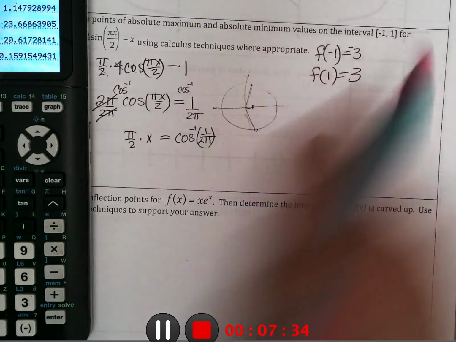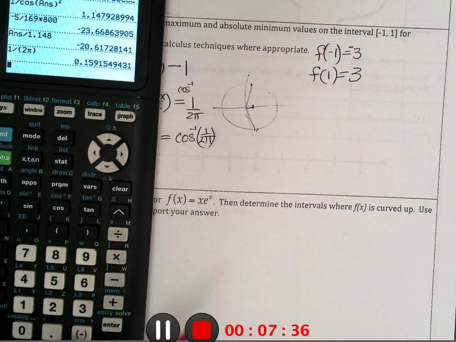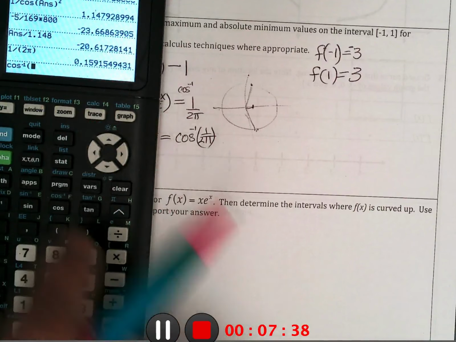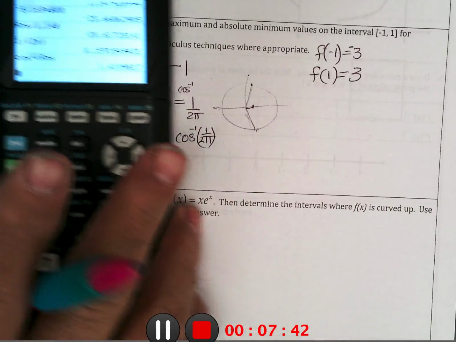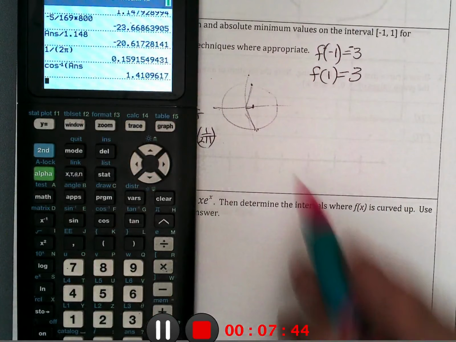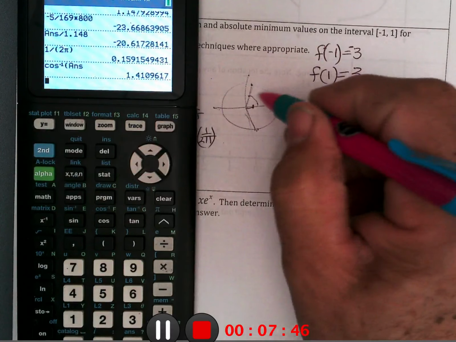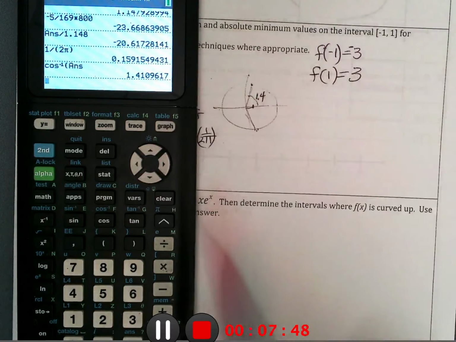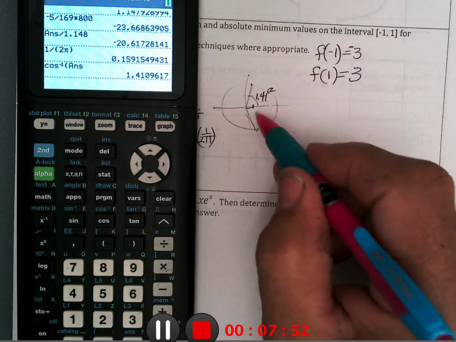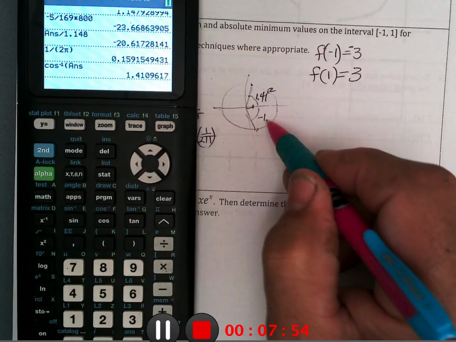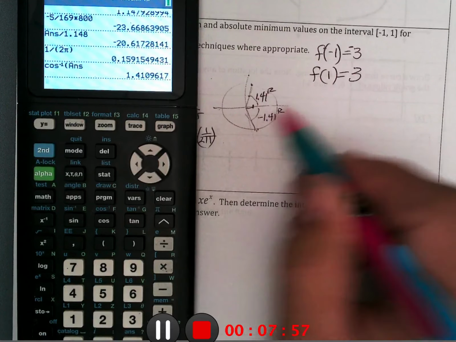So when I do cosine inverse of that answer, I get 1.41 radians, but it's also negative 1.41 radians, and multiples of 2 pi from there.